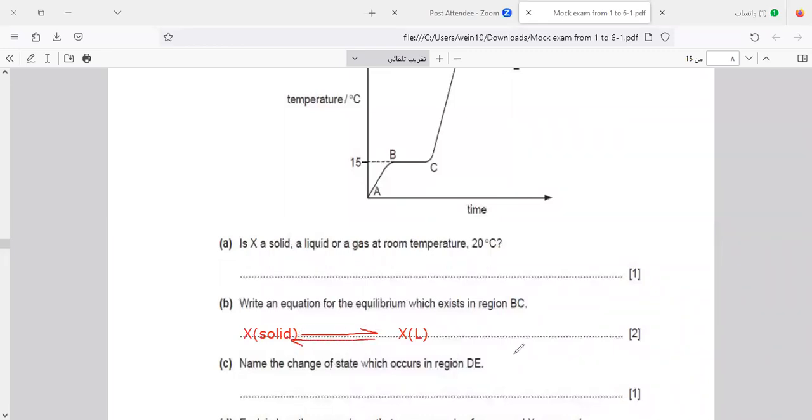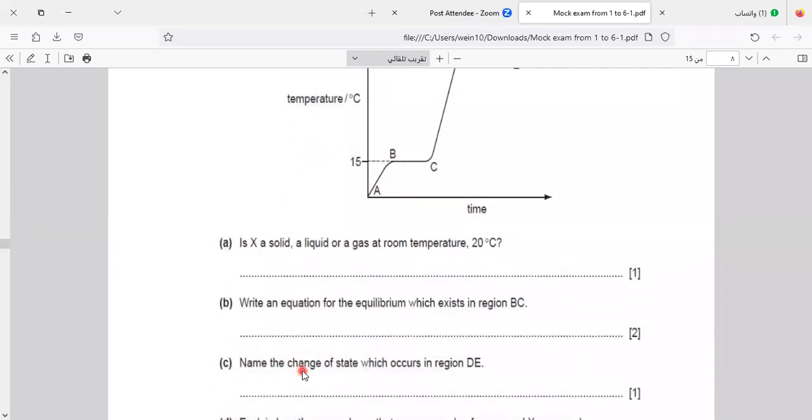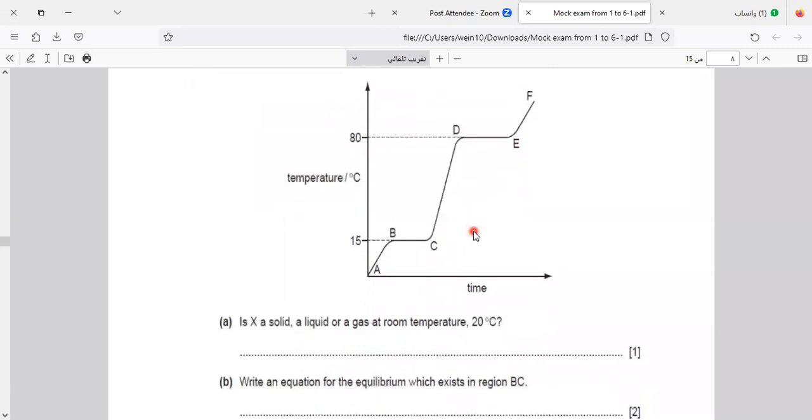Name the change of state occurring in DE. In region DE, what is the name of the change? Name the change. It means, is it condensation, evaporation, boiling, freezing? What is it exactly? Someone write for me. In region DE, this is liquid to gas. No, I don't need that.